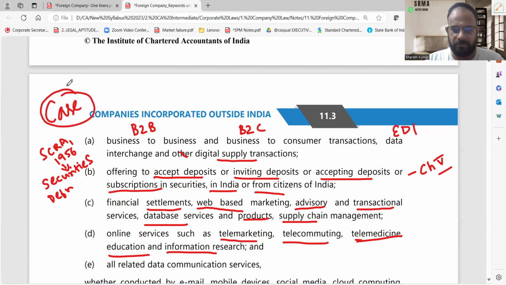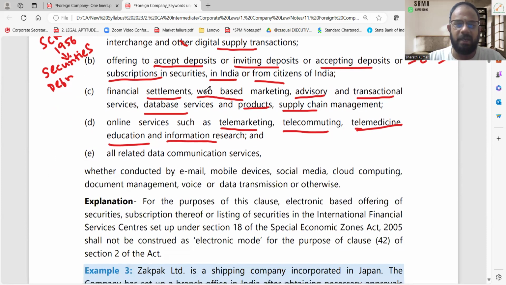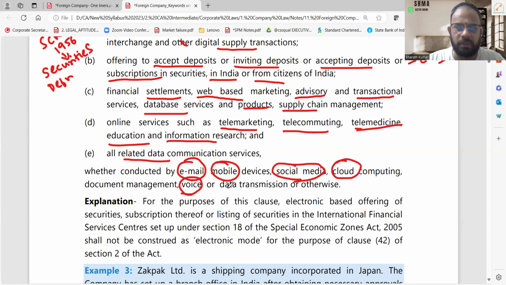Read it four or five times. Any other related data communication services also have to be included. It can be email, mobile, social media, cloud, voice transmission, data transmission, or any other. Everything will be covered.